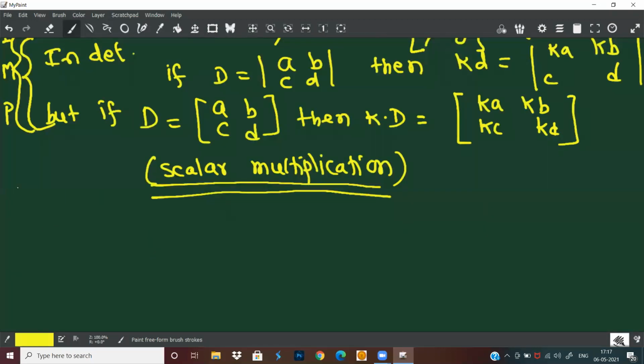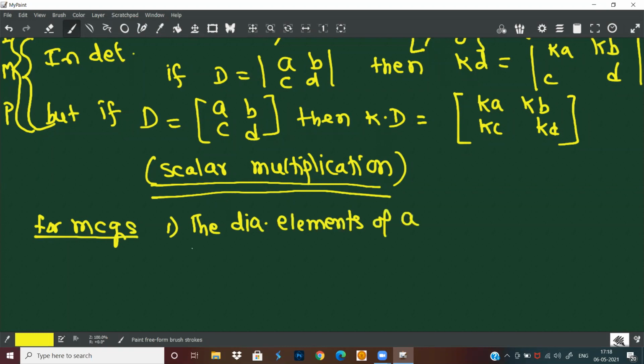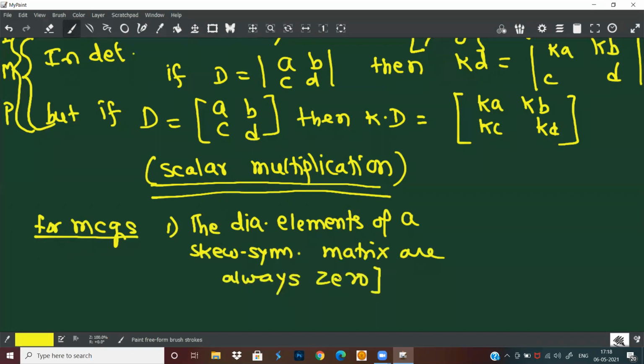For MCQs, I can give you. The exam is not there, so I would not have given so early. The diagonal element, remember this.